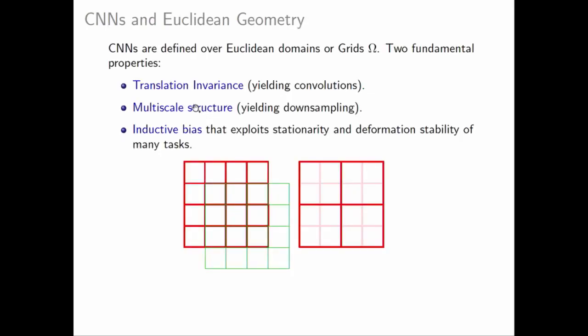And so what are the assumptions, the underlying mathematical structures that are underpinning this construction? We can define convolutional networks either in a Euclidean domain or in a discretized version on a grid. And these domains have two crucial properties that make this construction possible.